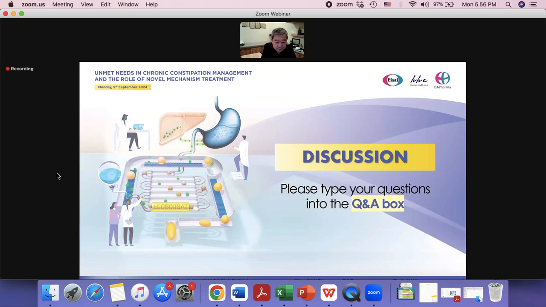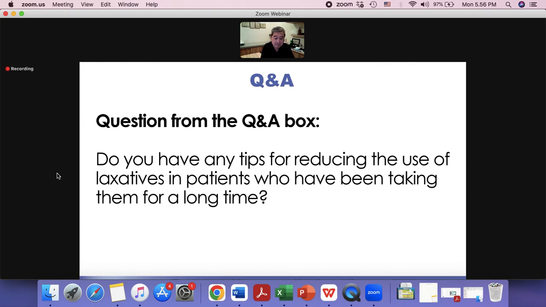Okay, so now we have a question for Professor Nakajima, which I'll read out from Dr. Ruben Chavez. He asks, how effective is Elobixibat in patients with surgically removed gallbladder?